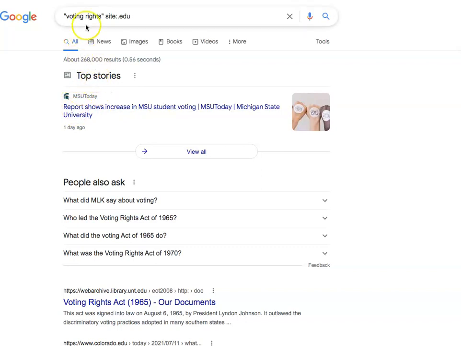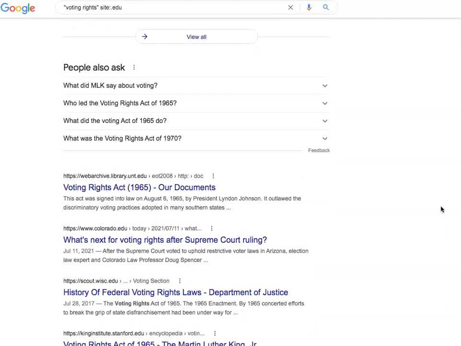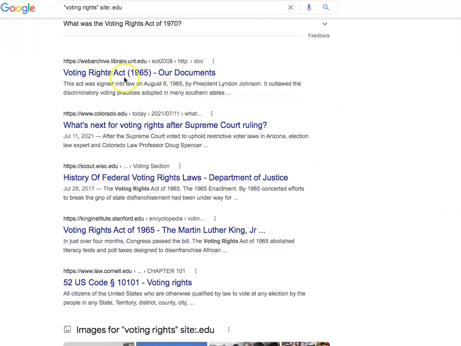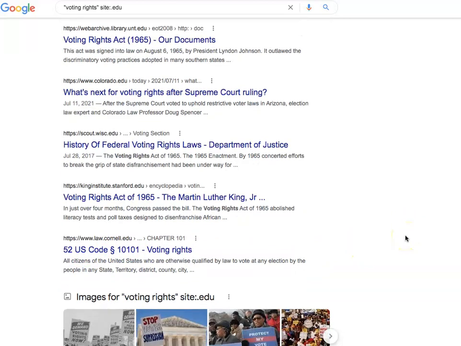So here we have top stories, and it comes from a university. I usually avoid this again because it goes to Quora and other people answering questions. And this talks about this particular library has a web archive of documents. Colorado Education, Wisconsin, King's Institute, Cornell is talking about specific law or legislation.